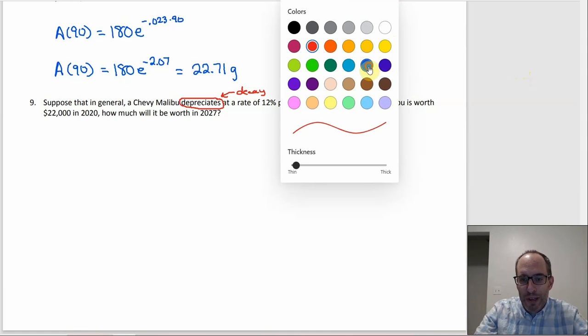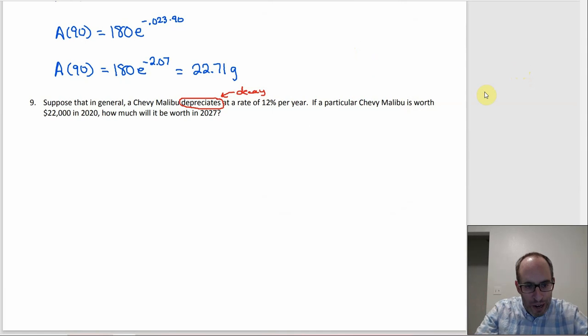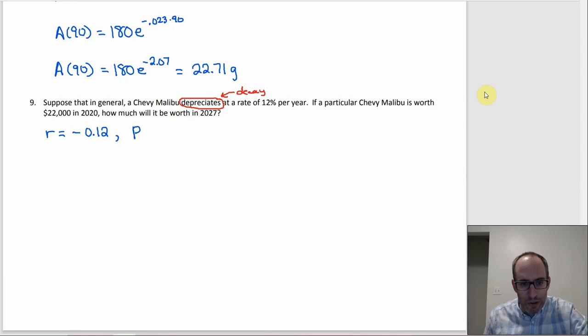So when we write out the rate, it should be a negative again: negative 0.12, converting the 12% into decimal form. And if a particular Chevy Malibu is worth $22,000 right now, we're going to treat that as the initial amount, like the time clock starts now and goes forward to 2027.